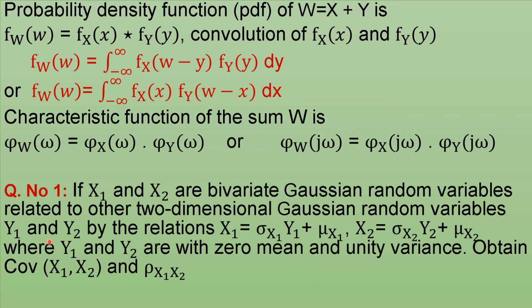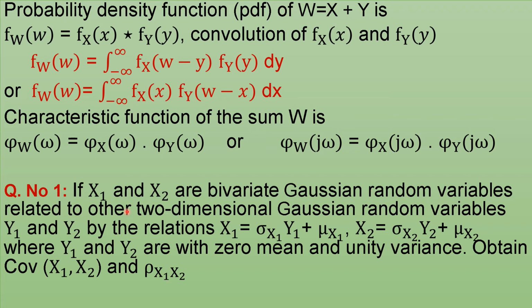Mean of Y1 is 0, mean of Y2 is 0. Variance of Y1 and variance of Y2 are equal to 1. Obtain the covariance of X1, X2 and the correlation coefficient rho X1, X2.